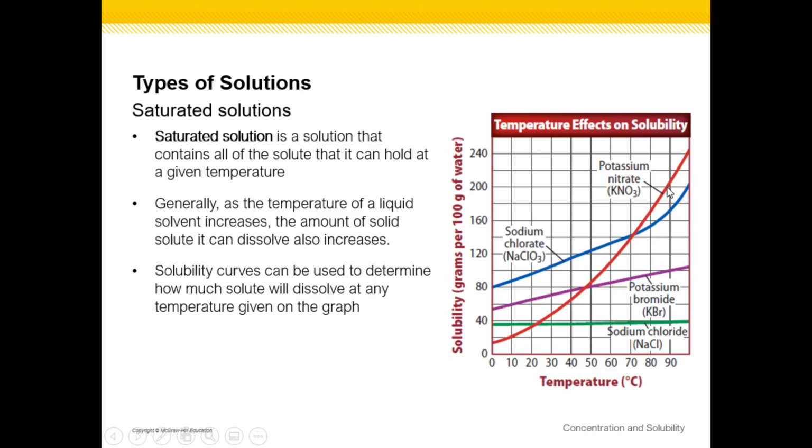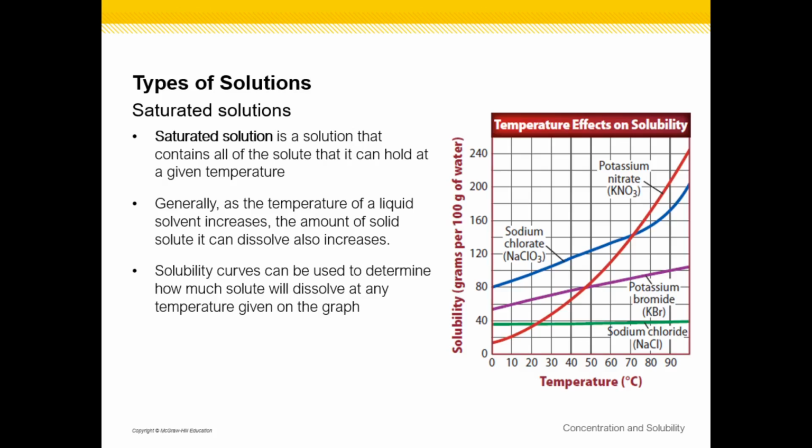And then if you look at this graph, we have lines for sodium chlorate, potassium bromide, and so we see the solubility varies based on the temperature. Some substances, the solubility does not change that much with temperature. For example, sodium chloride, table salt. The solubility of table salt at 0 degrees Celsius is just under 40. And if you go from 0 to 90 degrees Celsius, the solubility is, again, right around 40.